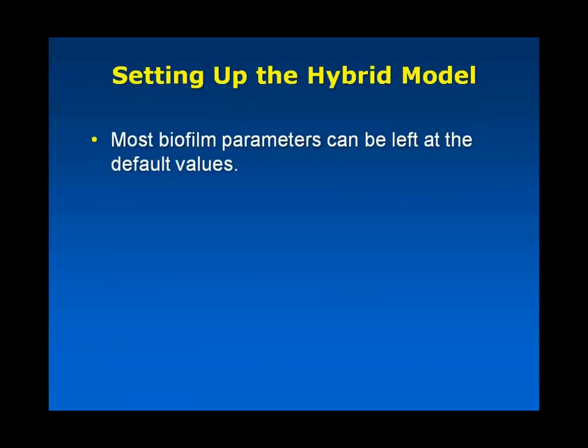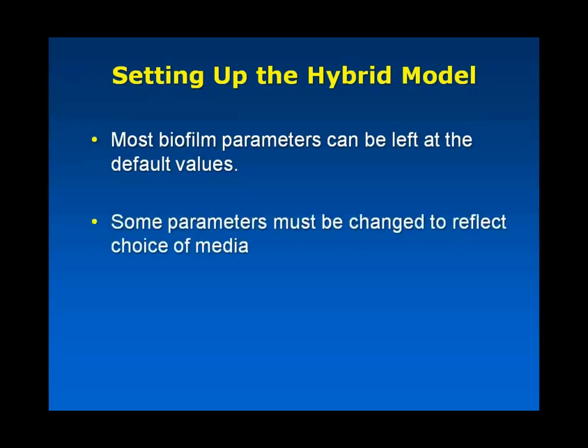Okay, so we have a few thoughts here on setting up that hybrid model. This is pretty much the same whether you're doing it as an IFAS system or an MBBR system. Most of the biofilm parameters that you'll find on these menus can be left at the default value. So you may see things like the dry materials content and the biofilm density and so on. Most of those can be left the same.